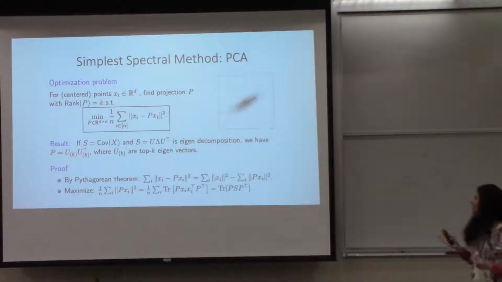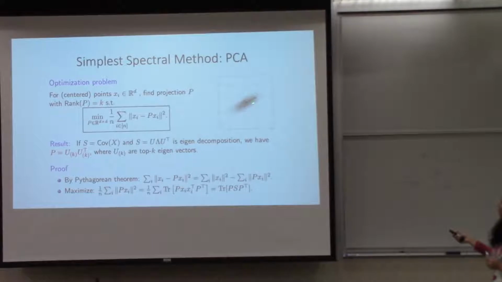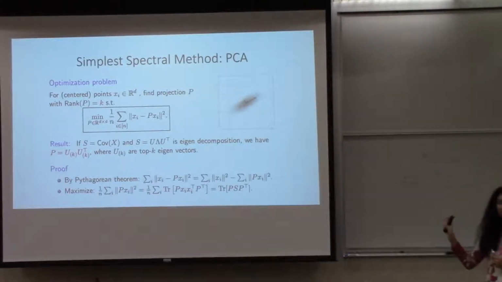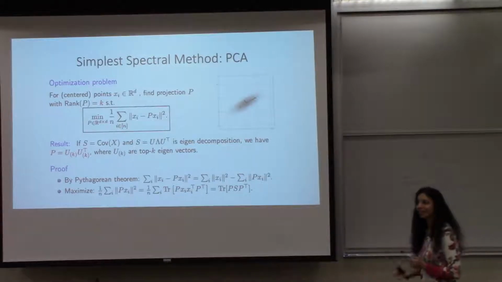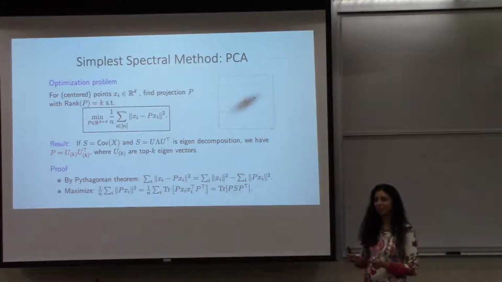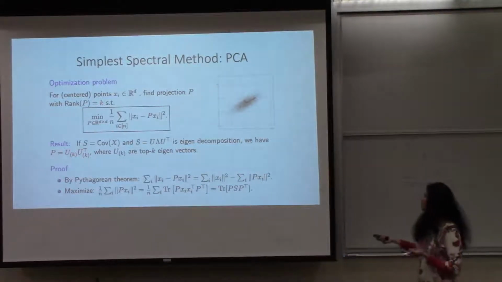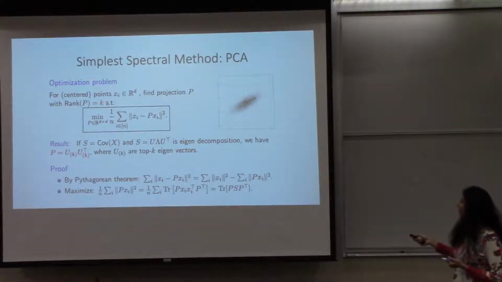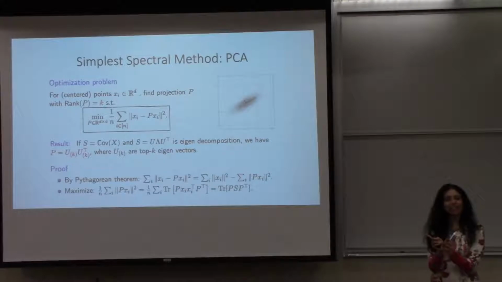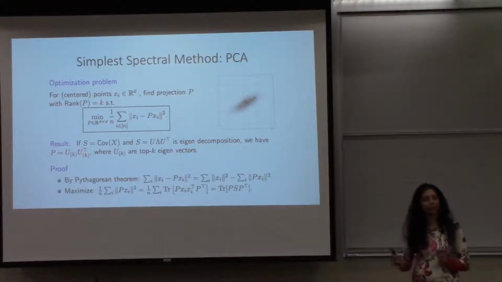And the simplest thing you can think of doing is, first of all, you center the data. I just look at centered data because you can always just take the mean and subtract it. So you center it, and then after centering it, you want to look at what are the right directions in which I should measure my data, right?